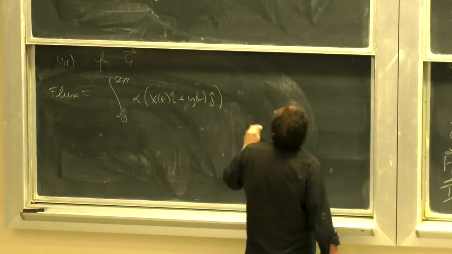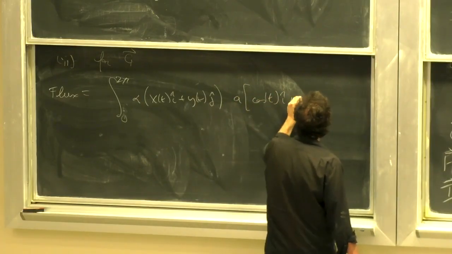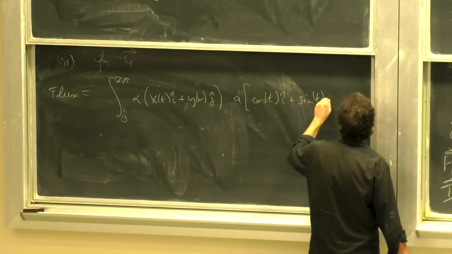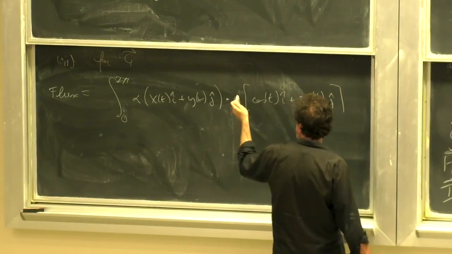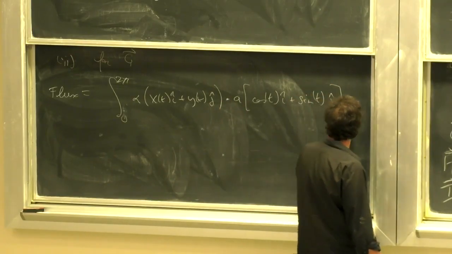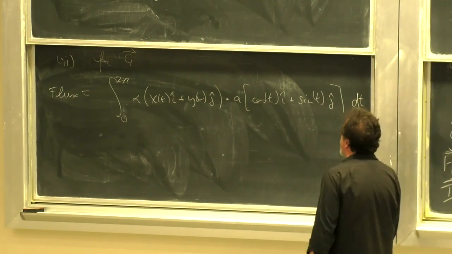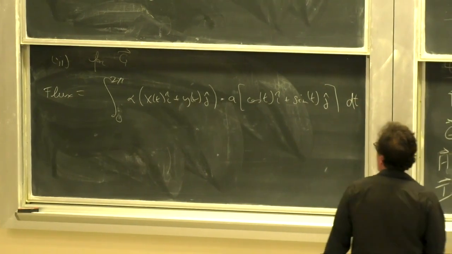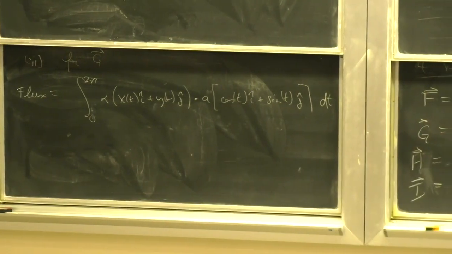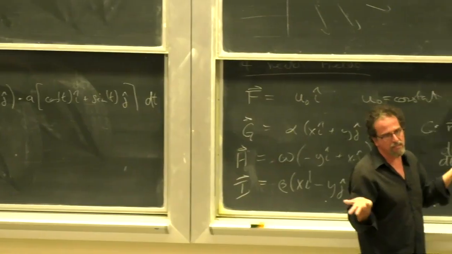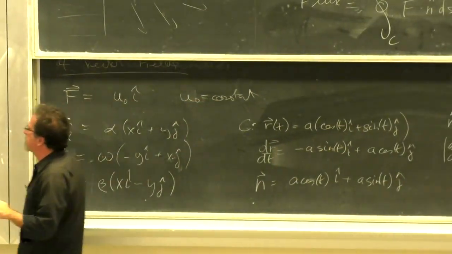That's the vector field, alpha times cos t i hat plus sine t j hat. That's dot product. This is the magnitude of dr/dt. This is n hat. And then I have to integrate this with respect to t. And I have to evaluate x of t and y of t. To do that, you just have to use the original r of t, which in this case is pretty easy. It's just a cos t i hat plus a sine t j hat.